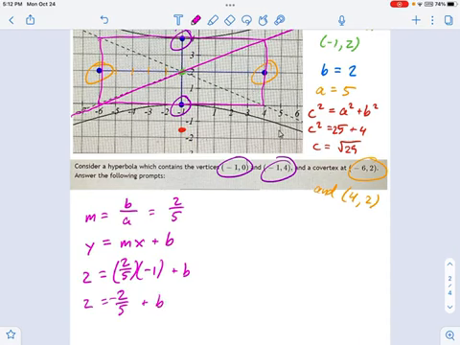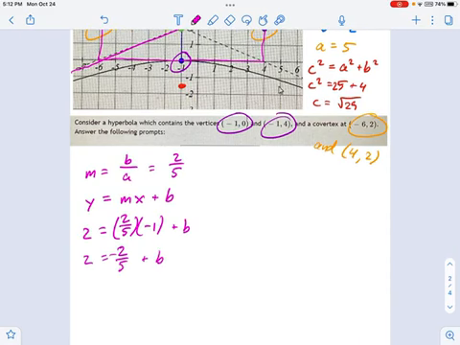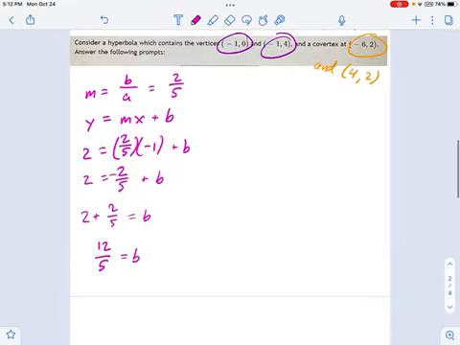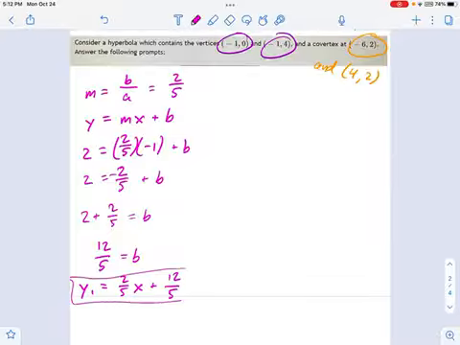That gives me 2 plus 2/5 equals b, which means b equals 12/5, if I add those two fractions together. So now when I plug this in, I get the equation for an asymptote: y equals 2/5 times x, plus the y-intercept, 12/5. So that's how we find one of them.